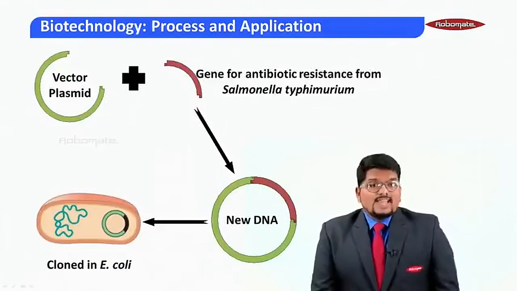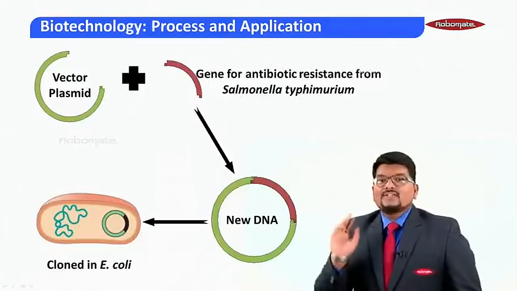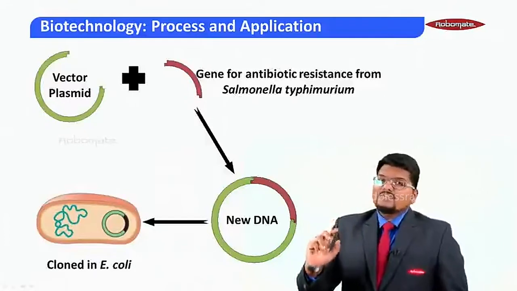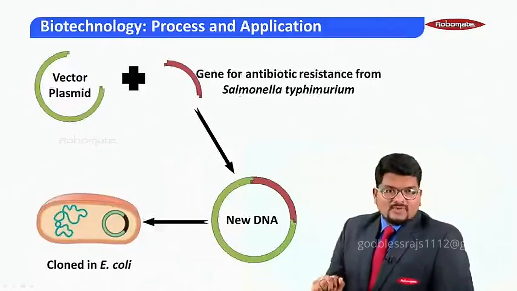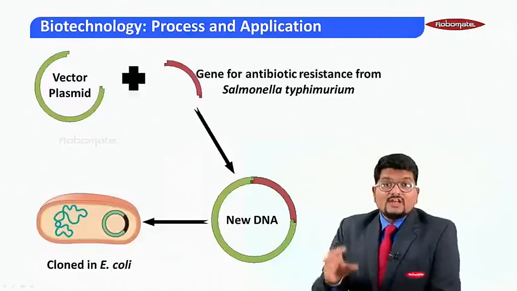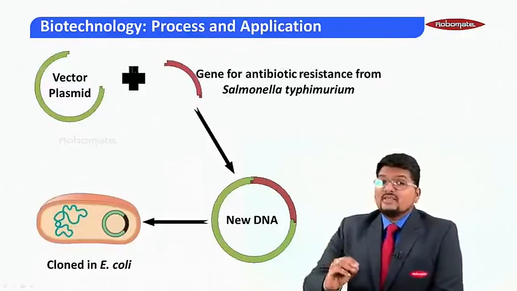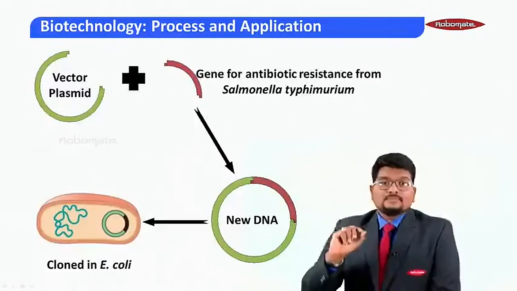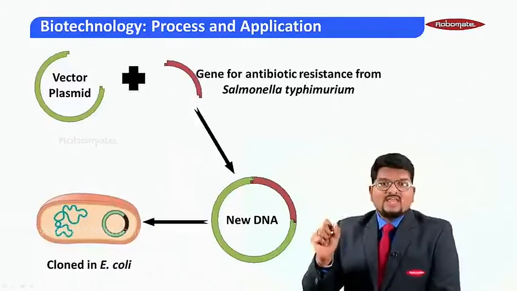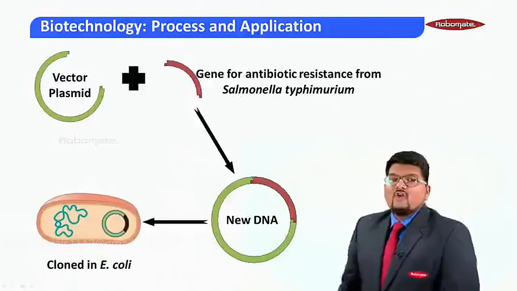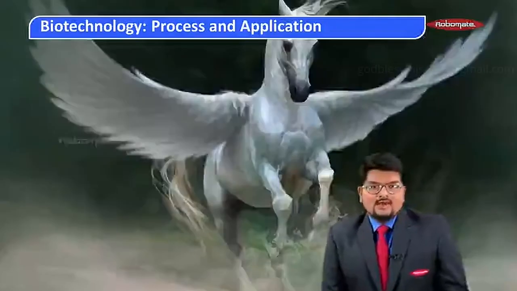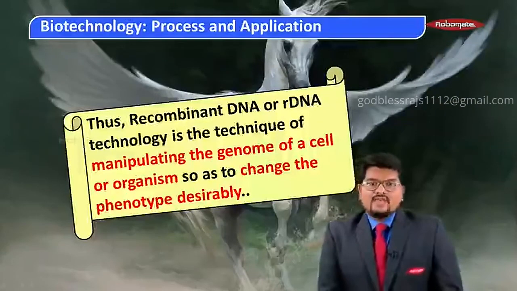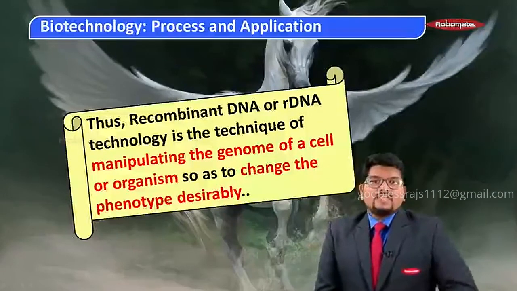So Stanley Cohen and Herbert Boyer took the vector plasmid, introduced the gene for antibiotic resistance from Salmonella typhimurium in this vector plasmid, and they got a new DNA, which is nothing but the recombinant DNA or the chimeric DNA. And they introduced this new DNA in E. coli cell for cloning.